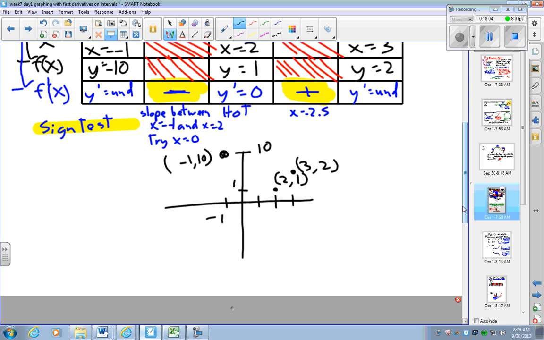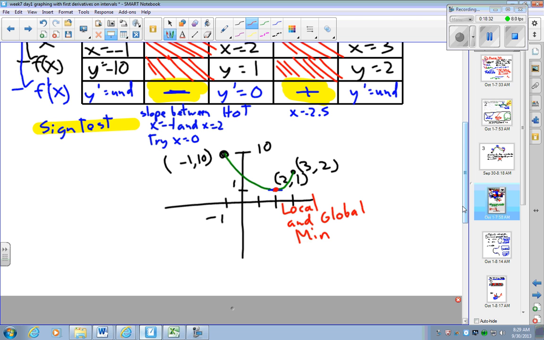And it looks like this. All I know is right here is flat. So when I draw it out, I bet, especially since we know parabolas, it looks like that.